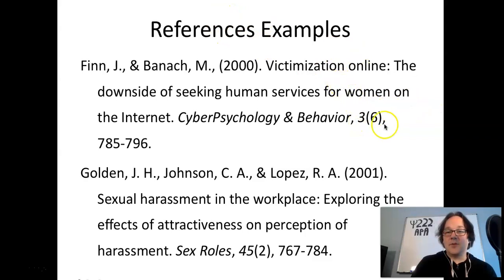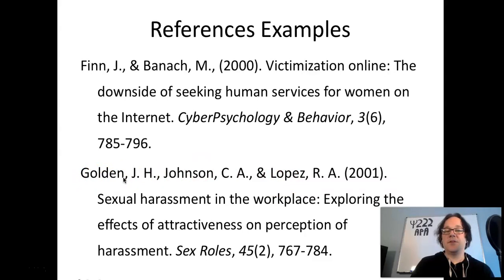Right next to that, in parentheses here, is the issue number. So in this case, this is volume 3, issue number 6. That does not get italicized. That's just in parentheses. Then we have a comma, and these are our page numbers. And that's it, right? We can take a look at another one down here.